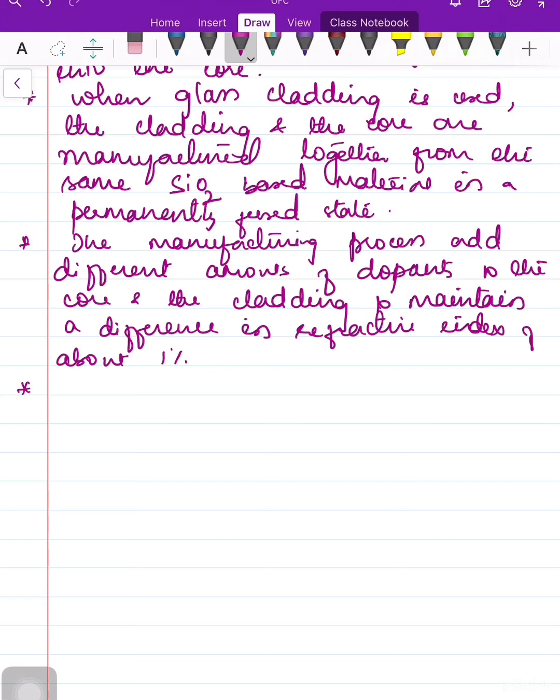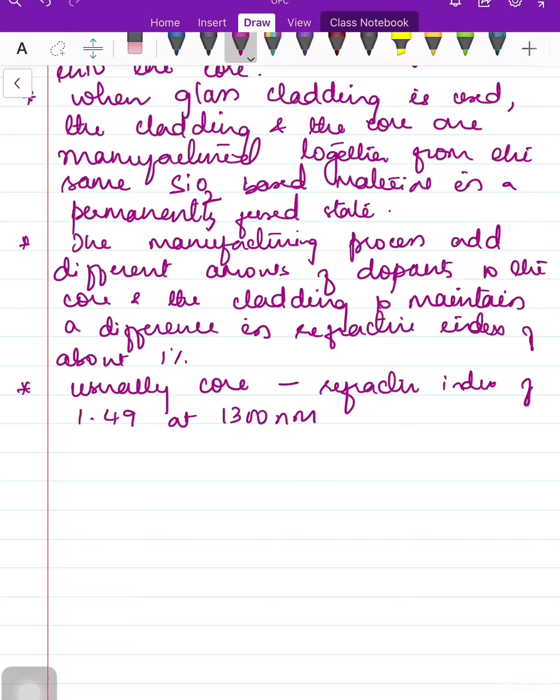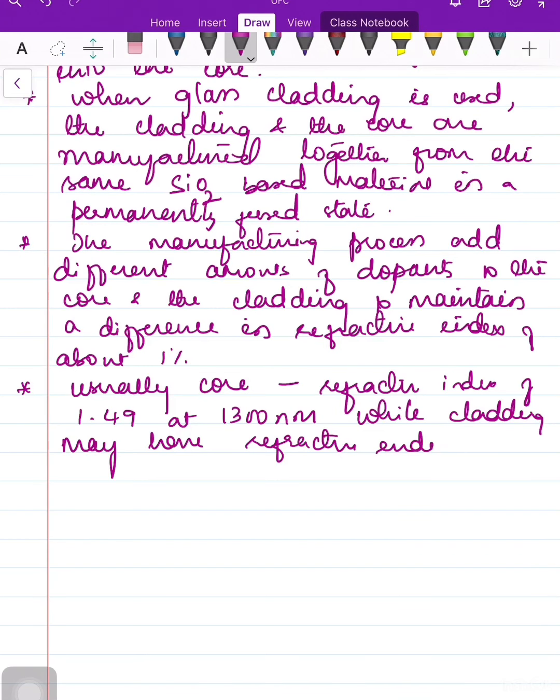So usually the typical core has a refractive index of 1.49 at 1300 nanometer, while the cladding may have a refractive index of 1.47. Clear?